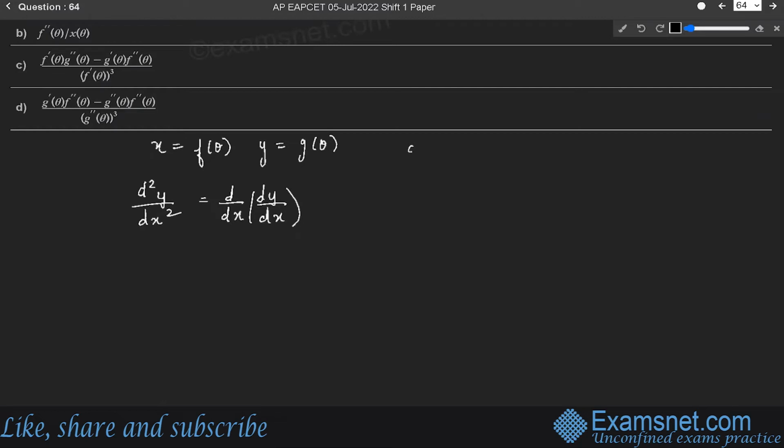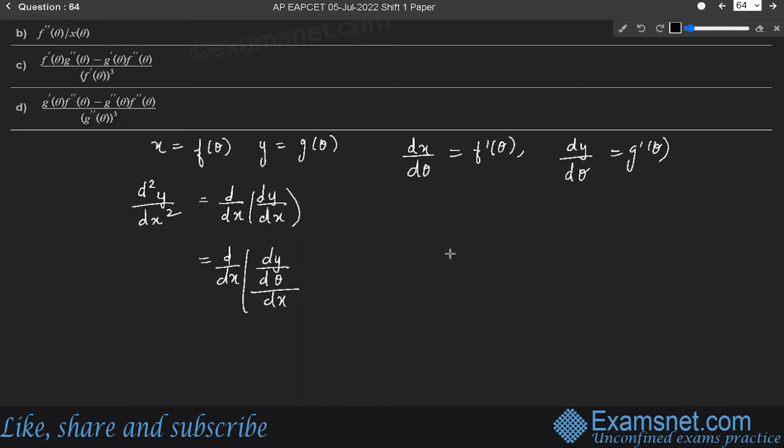And here dx upon d theta will be f dash theta and dy upon d theta will be g dash theta. Now dy by dx is dy upon d theta divided by dx upon d theta. So substituting the values here, it will be g dash theta divided by f dash theta.